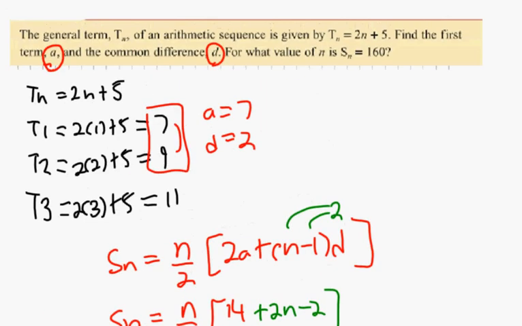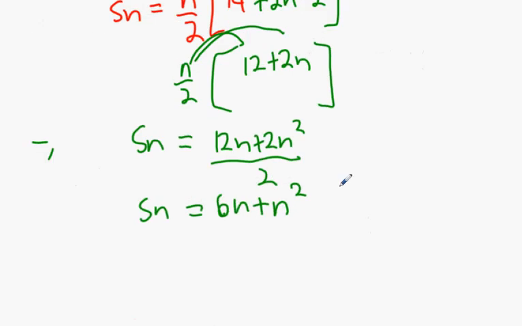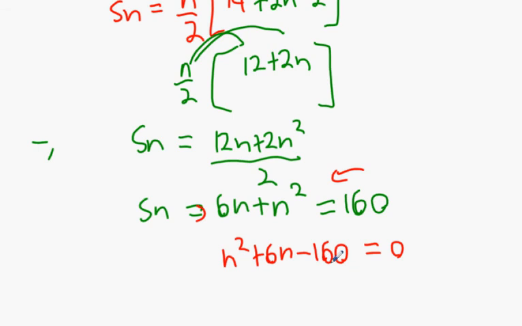If I go to the very top, it says Sn is equal to 160. Therefore, I expand this to be equal to 160. Can anybody tell me what to do next? 160 to the other side. n squared plus 6n, take away 160. What are two factors of 160?